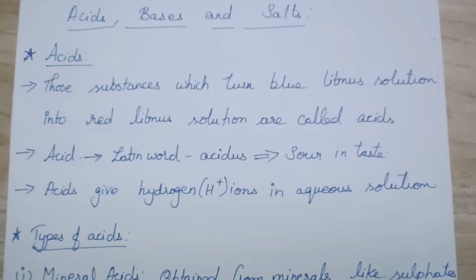You know that if you touch any acid, or by mistake acid is sprinkled on it, it will give more irritation to us, right? It will burn the skin. What happens in that? That means when in aqueous solution, it forms hydrogen plus ions.